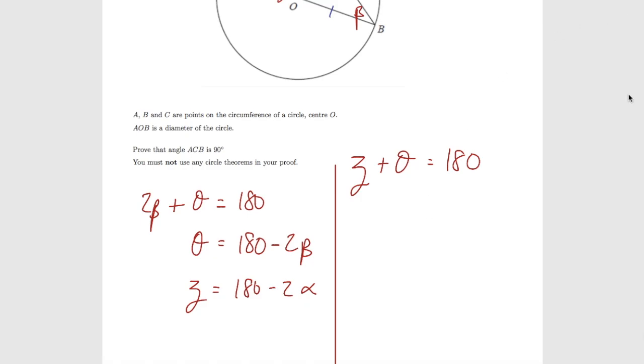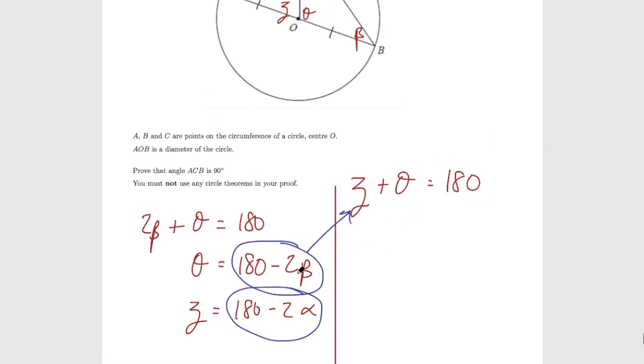Now we're going to take these expressions and substitute them into this formula. That allows us to relate alpha and beta together in one equation without gamma or theta. So theta is equal to 180 minus 2 beta, and gamma is equal to 180 minus 2 alpha.